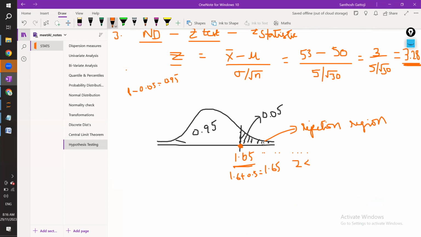If some part of the area is 0.05, which is the alpha, the other area will be 0.95, obviously, because the overall area will be 1. Now I want to calculate which particular value is giving me this 95% area. If this value is 1.65, then z less than or equal to 1.65 will give the 95% area.